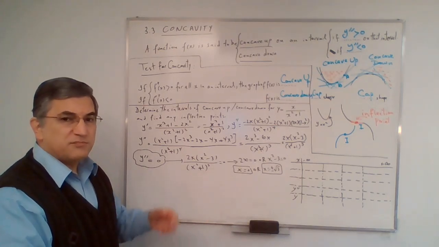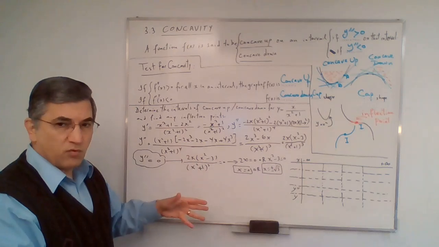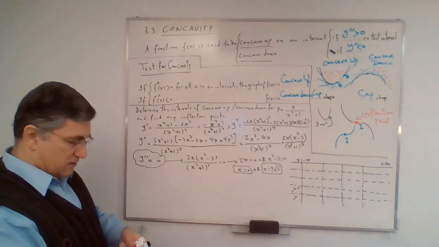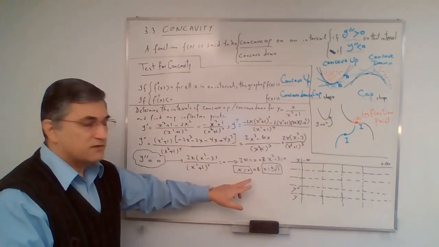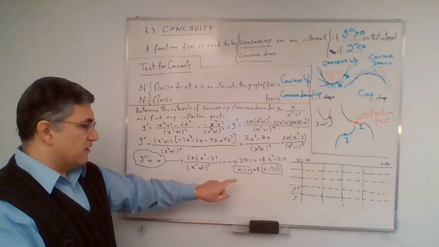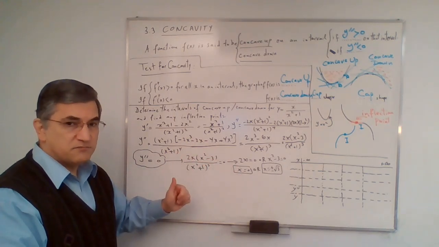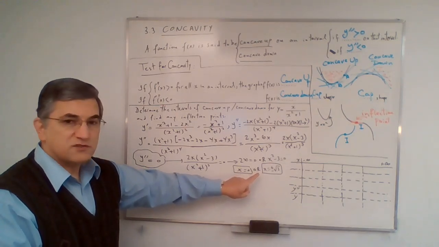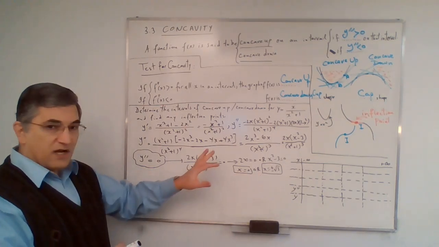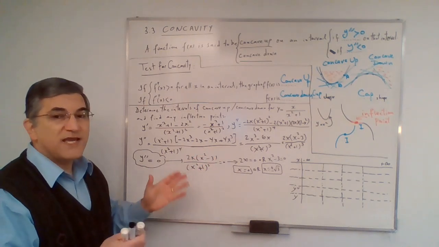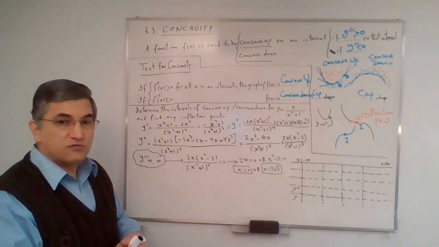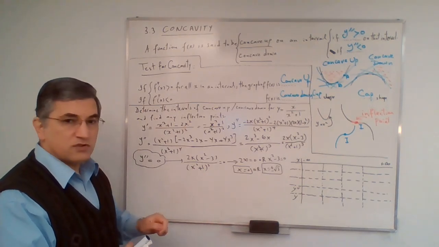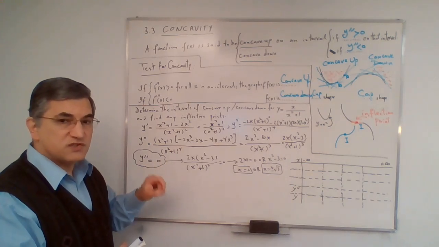Now, these are called potential inflection points. So these could be where the graph has its inflection points, and I'm being suspicious right now. There may be like 3 inflection points at x equals 0, x equals negative root 3, and x equals positive square root of 3. I have this suspicion, but we can't say for sure that these are inflection points yet, unless we make sure that the second derivative does change its sign.